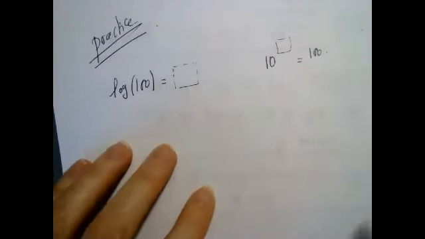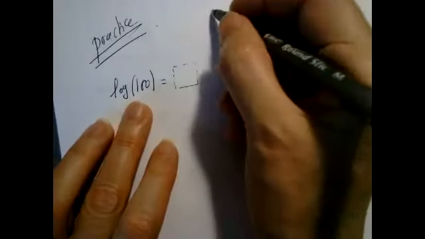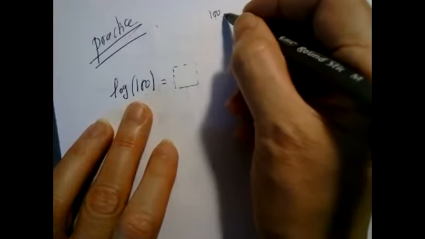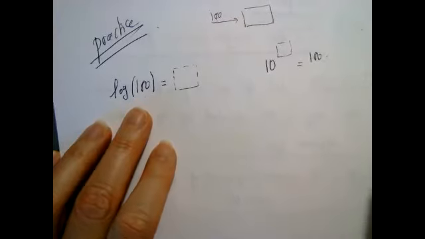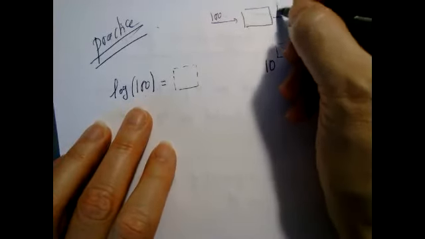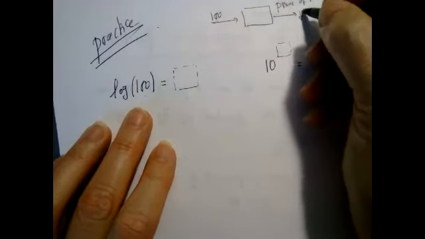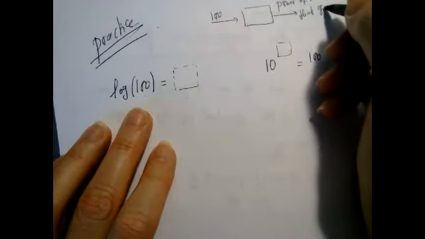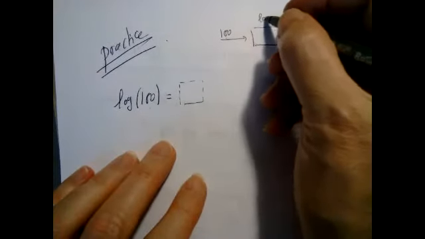So the log is going to be a rule, a function. You give it an input 100, and the log is this machine that to 100 is going to give you the power of 10 that gives 100. We can think of it as this rule, and that's what the log is.